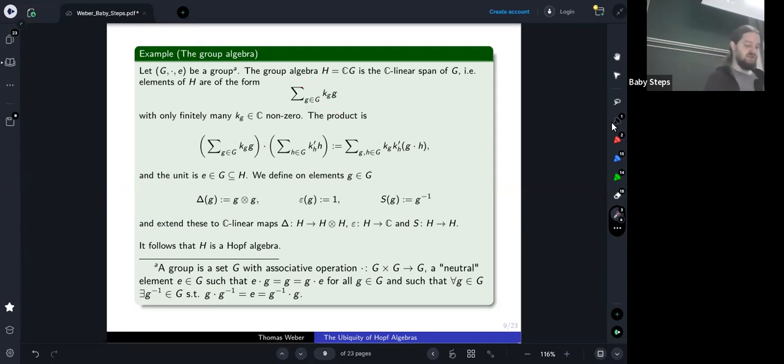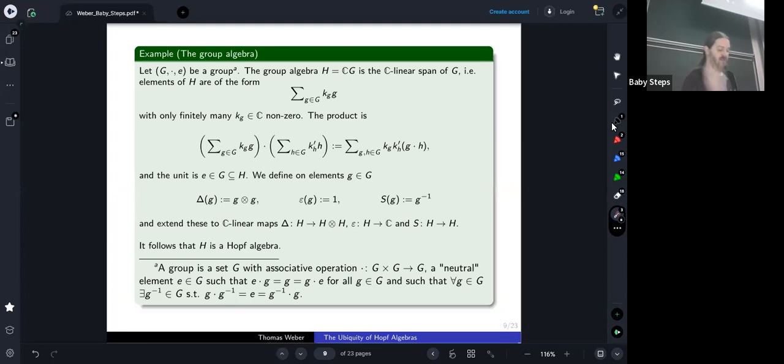And the product is just what you might guess. You can multiply two of those guys, simply multiplying the k's and multiplying the group elements. And you have your unit just coming from the neutral element of G. So this is what the algebra is.